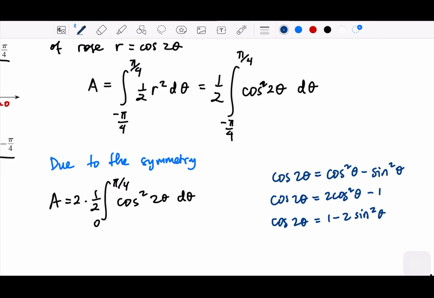We have cosine squared, so we are going to develop into cosine with the double angle. Because when we have cosine 2 theta, sine 2 theta, or any sine or cosine without any square, we can integrate easily. And since it's 2, it becomes 4, right? It becomes doubled.